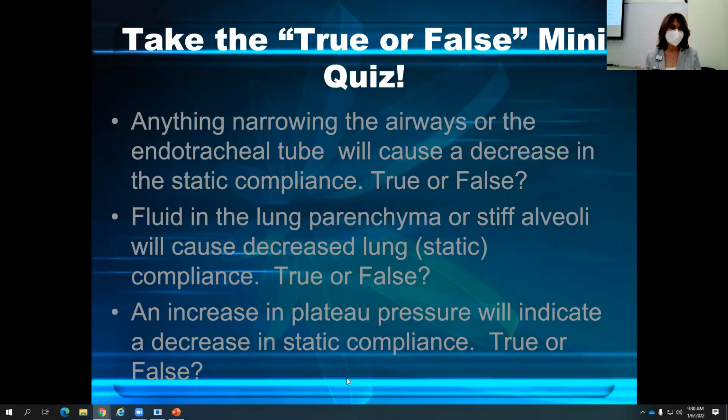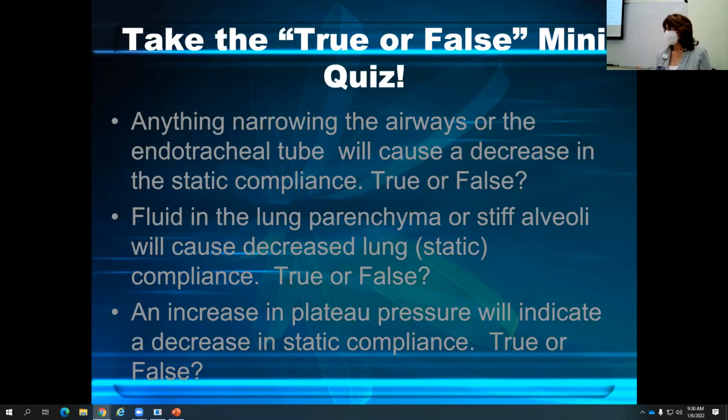All right, the last one: an increase in plateau pressure will indicate a decrease in static compliance. Taylor says false, Christopher says true. Anybody else?